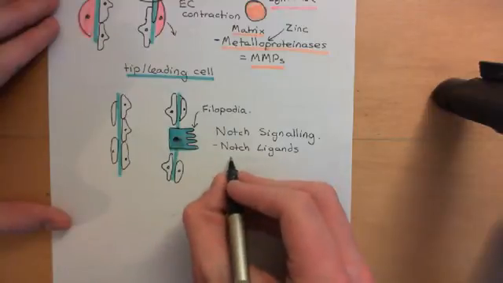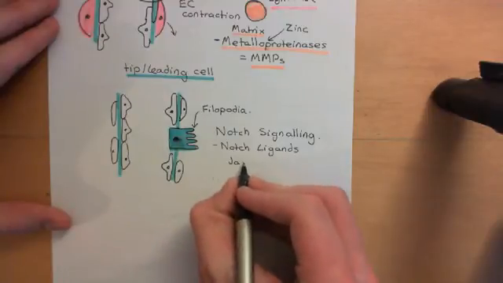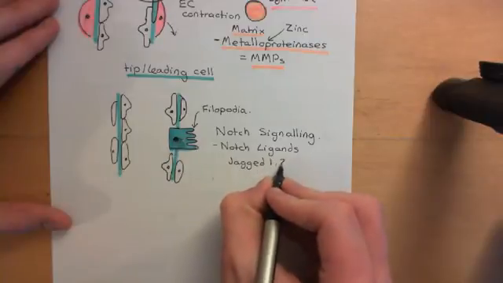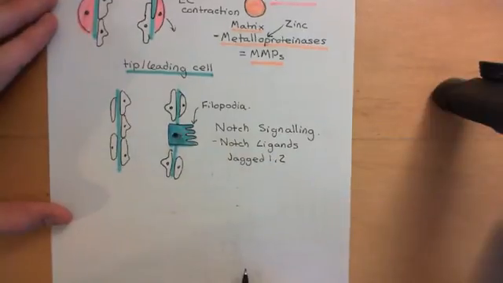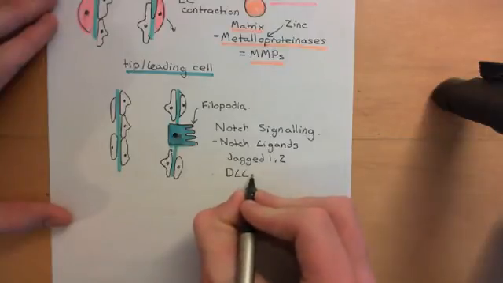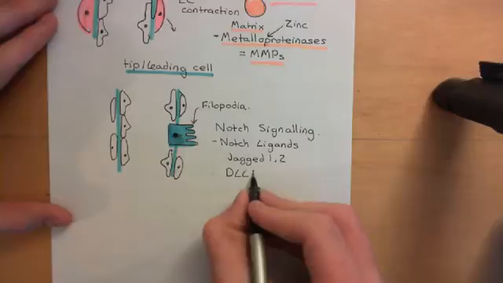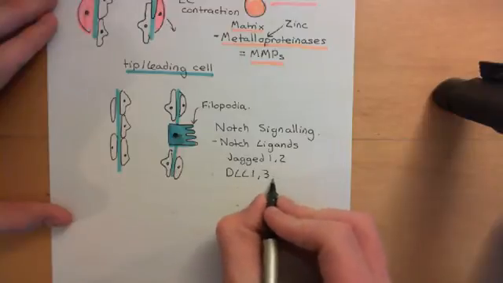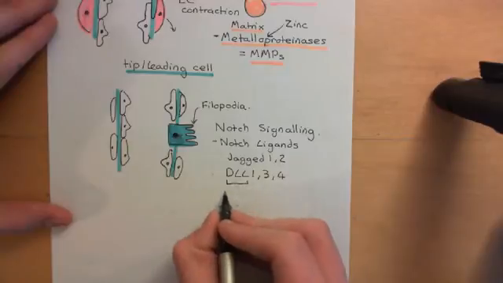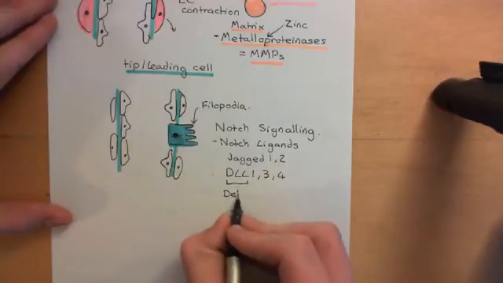Notch ligands firstly. There are 5 different notch ligands, and these are called jagged 1 and jagged 2. The other 3 are named completely different things. The other 3 are called DLLs: DLL1, DLL3, and DLL4. DLL stands for delta-like ligand.